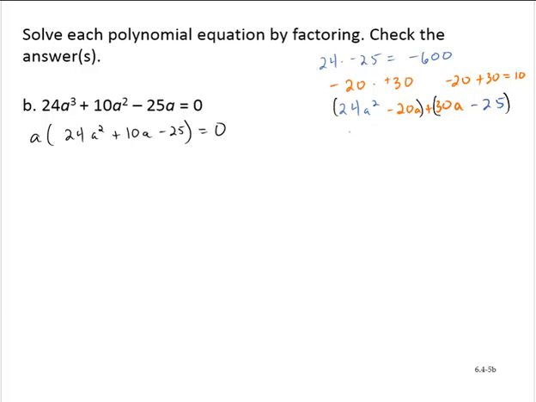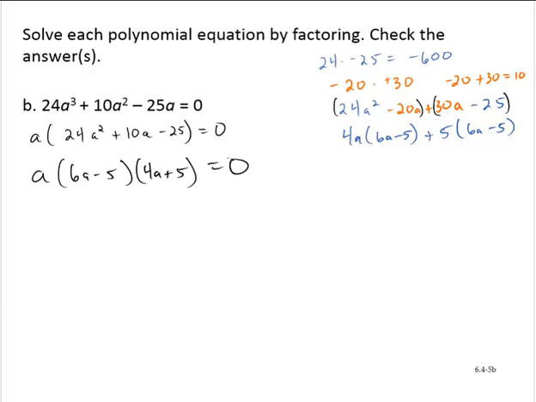So that gives us a common factor of 4a times (6a minus 5) plus a common factor of 5 times (6a minus 5). And so what that tells us is, going back to the equation, we can factor that 24a squared plus 10a minus 25 as (6a minus 5)(4a plus 5).